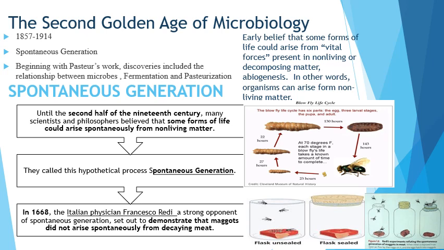Antoine Laurent Lavoisier showed the importance of oxygen to life. Spallanzani's observations were criticized on the grounds that there was not enough oxygen in the sealed flask to support microbial life.